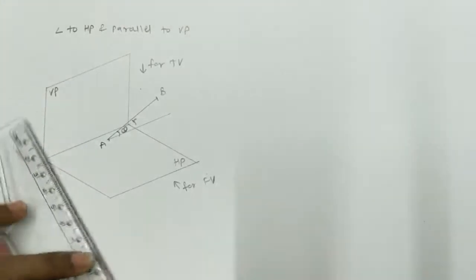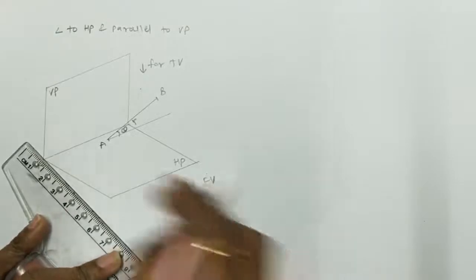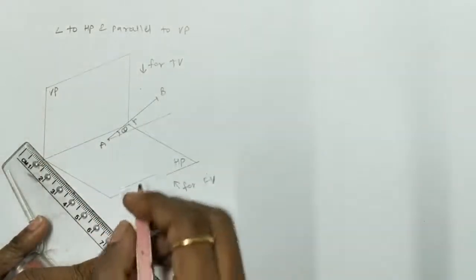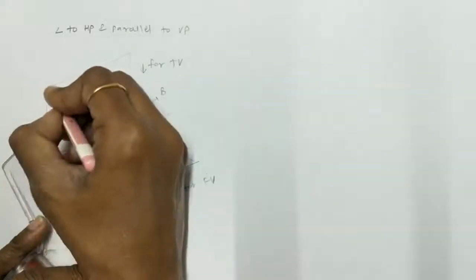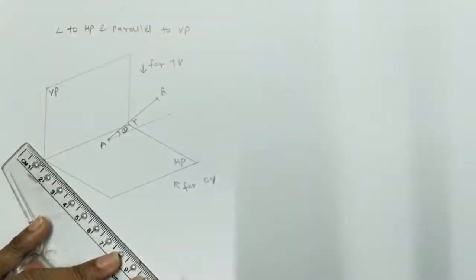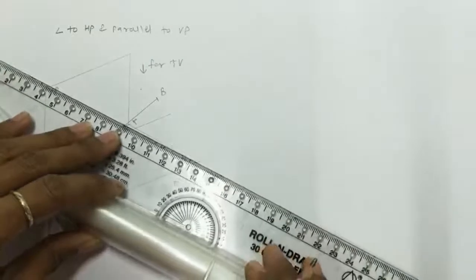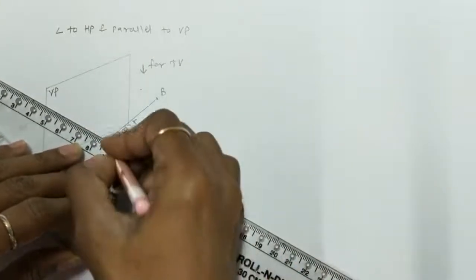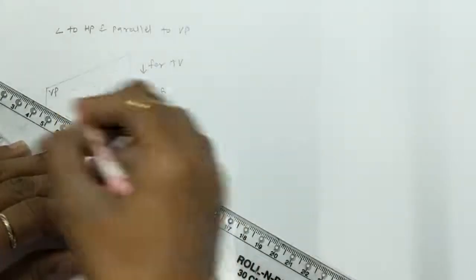Now when we see from this direction for front view, the front view will appear in VP, so we will draw the front view. So take projections.